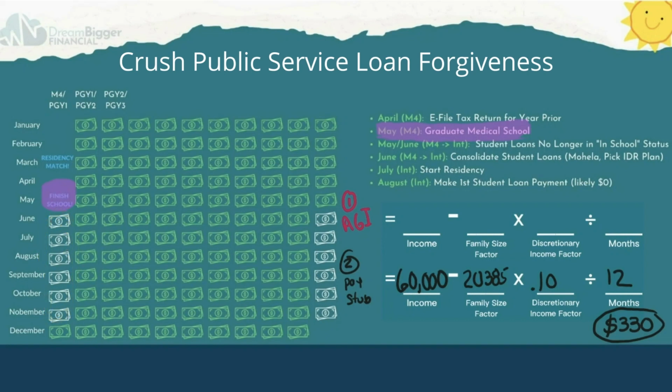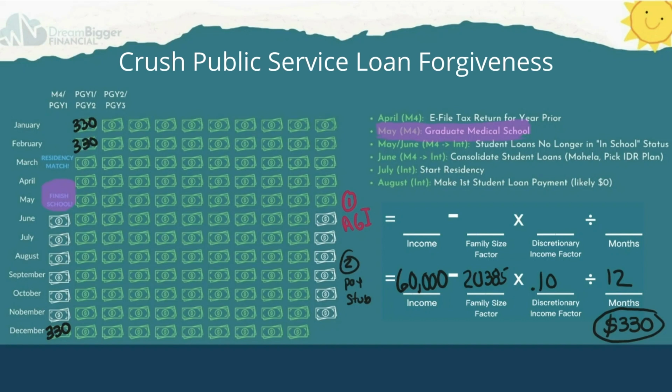So if we forget about our student loans and make our first payment after the 6-month grace period at the end of November, early December, our first payment would be our $330. Then that would be our payment that we make for the first year.